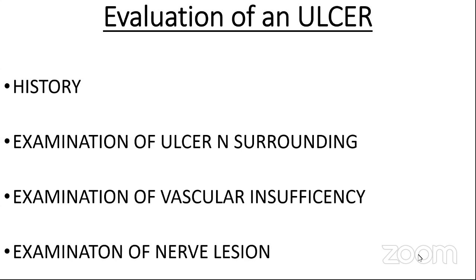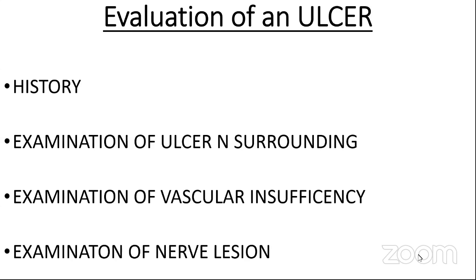When they ask in the examination, what are the things you got to look into? First important thing in an evaluation of an ulcer is the history. Today we'll be talking about examination of a peripheral ulcer like a leg ulcer.